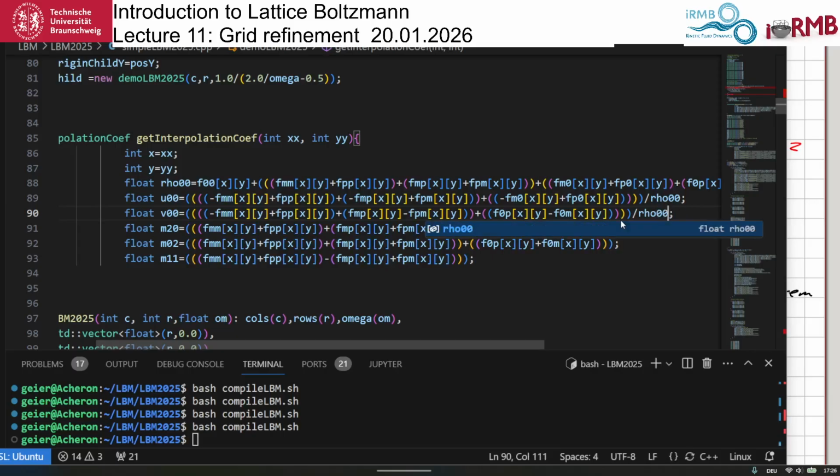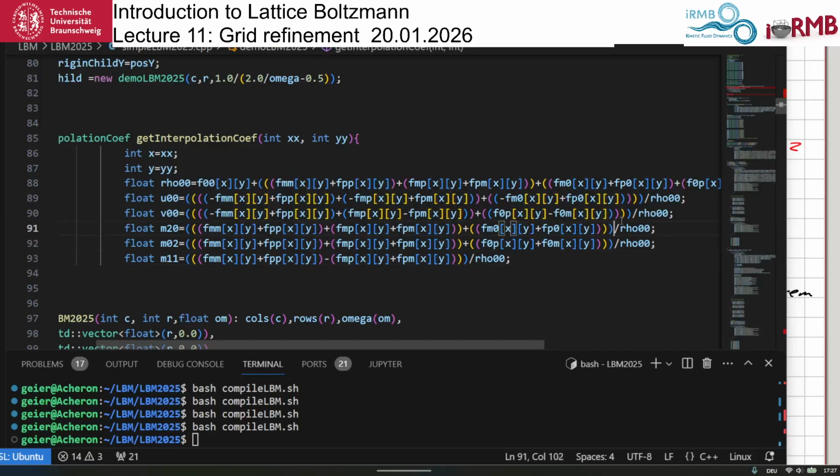So the one that we have just computed. So okay, we could do the same thing here and divide all of this, because we want to have the equilibrium stuff here.